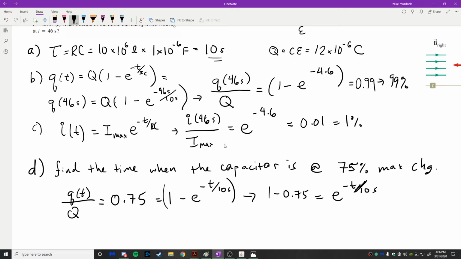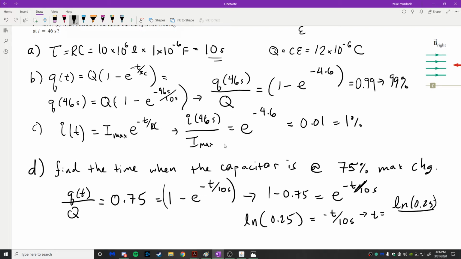We're trying to solve for time now, so we have to take the natural log of both sides. So we'll get the natural log of 1 minus 0.75, that's 0.25. If I take the natural log of the right side, it just becomes negative t divided by 10 seconds. And then we can solve for t.